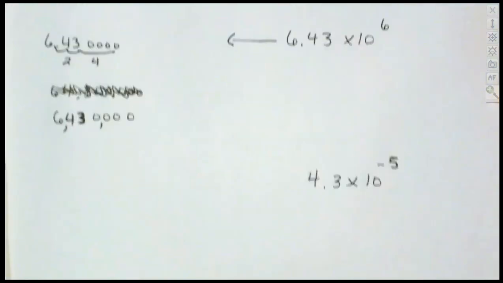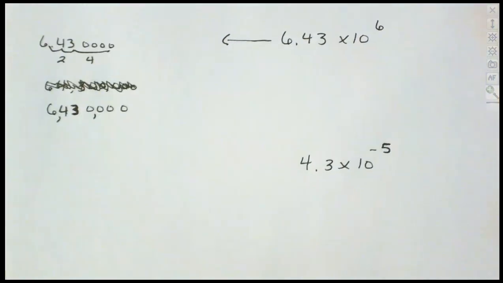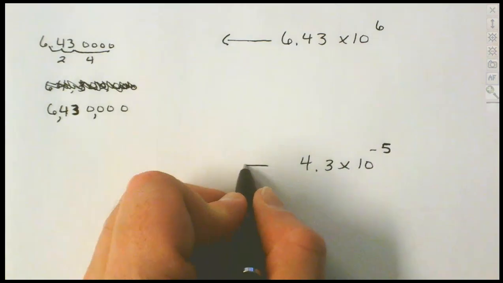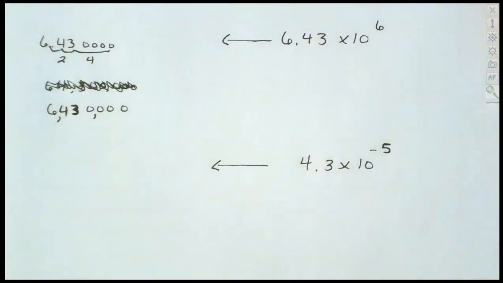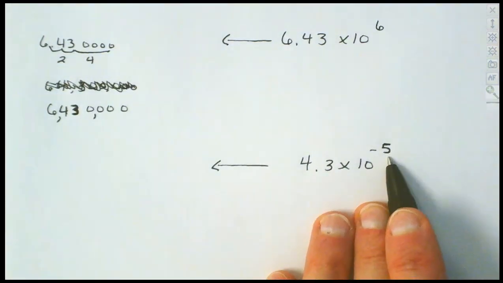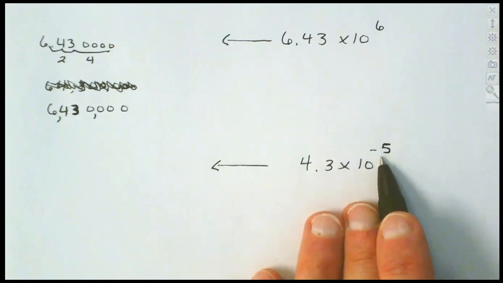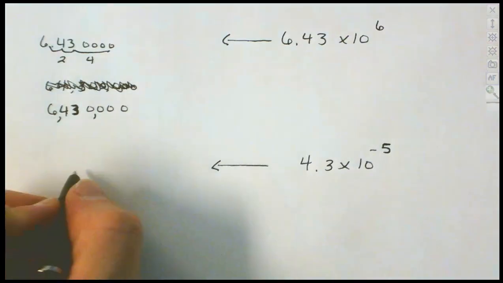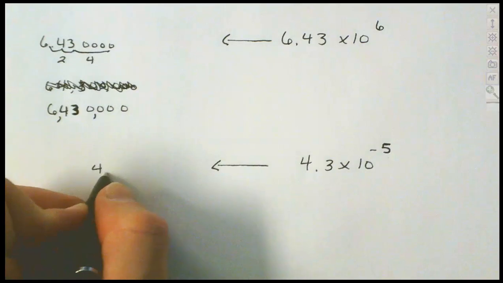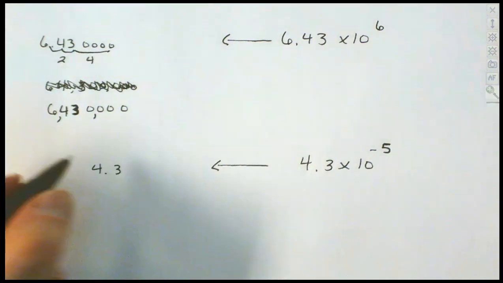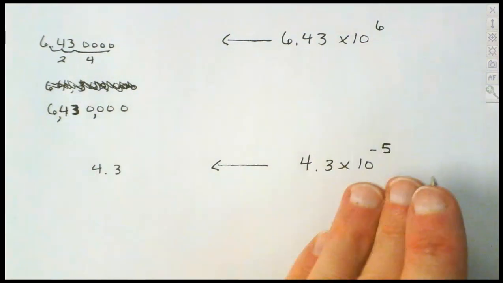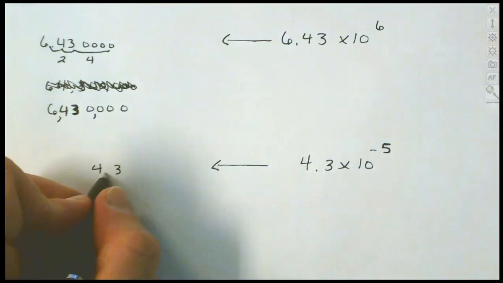What would this one be? This is, again, in scientific notation. Now, it's a negative exponent up here, so it's going to be a decimal. If it's negative here, it has to be a decimal. So we've got 4.3, and we're going to have to move it forward 5 units. So here's my decimal.